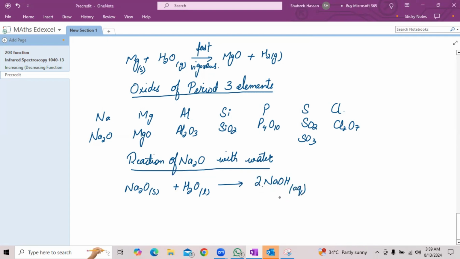And remember, it is strongly alkaline. We have already discussed that it has a pH of 14.